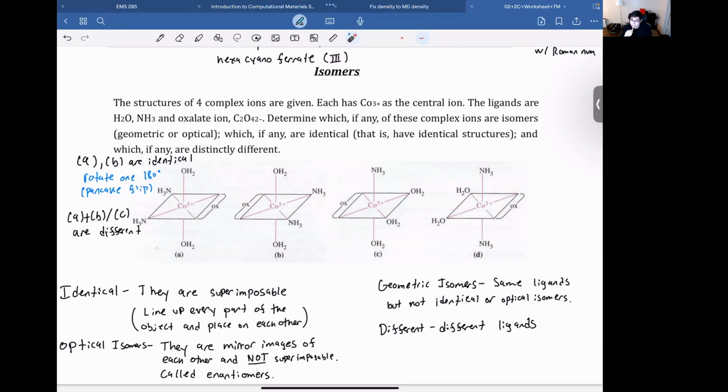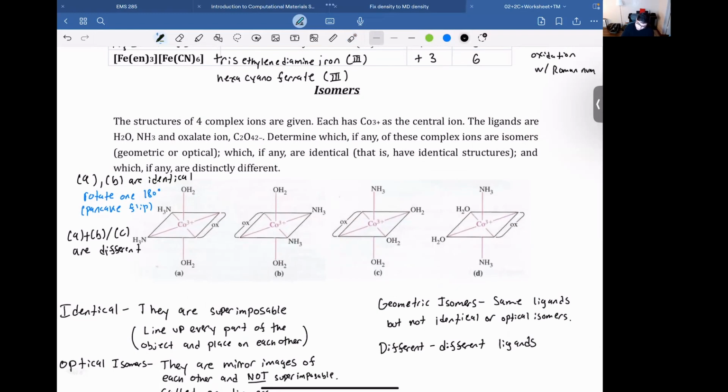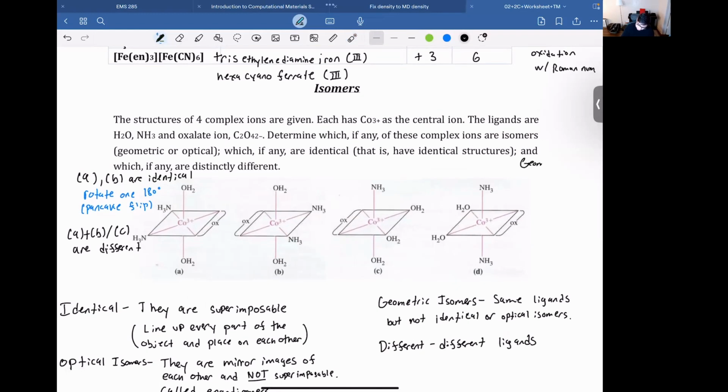I think the easiest way is to check first whether or not they are geometric isomers. So for a geometric isomer, you can ask: are ligands attached similarly on the axes?